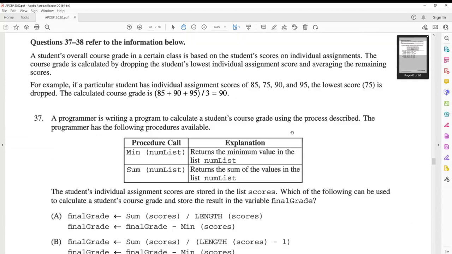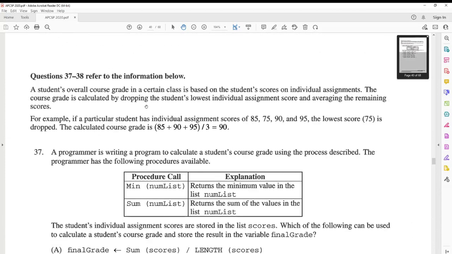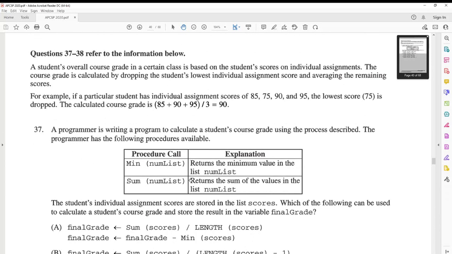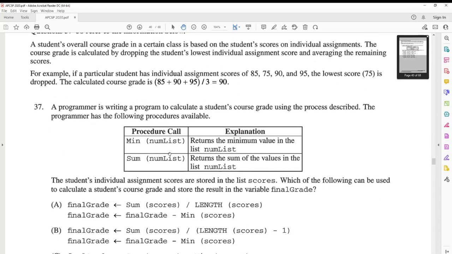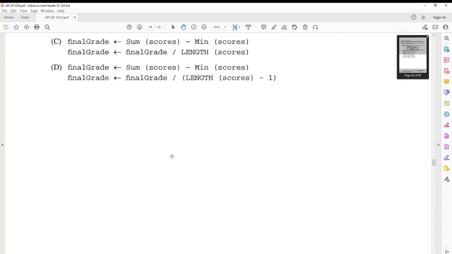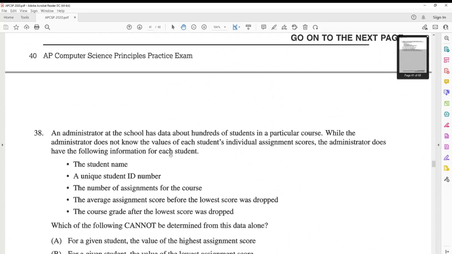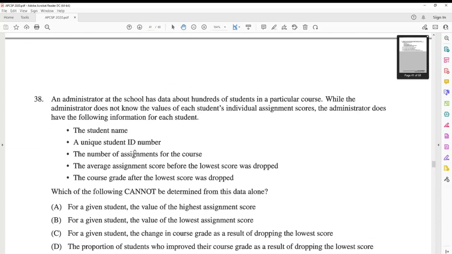So here, these two are actually the same. You do have the number list, and you have the mean and sum. And here we have a record: student name, ID, and then number of assignments, average score before dropping the lowest score, and the course grade after the lowest score being dropped.